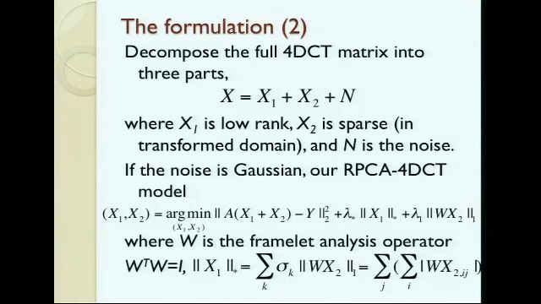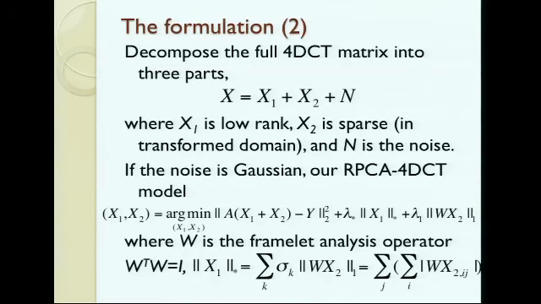The first part is the low rank, which corresponds to the common, stationary background part. X2 is the sparse part, which is change or motion or things like that. And the noise, which is incoherent both in time and space. Or perhaps incoherent in time, but relatively coherent in space. So we decompose into 3.